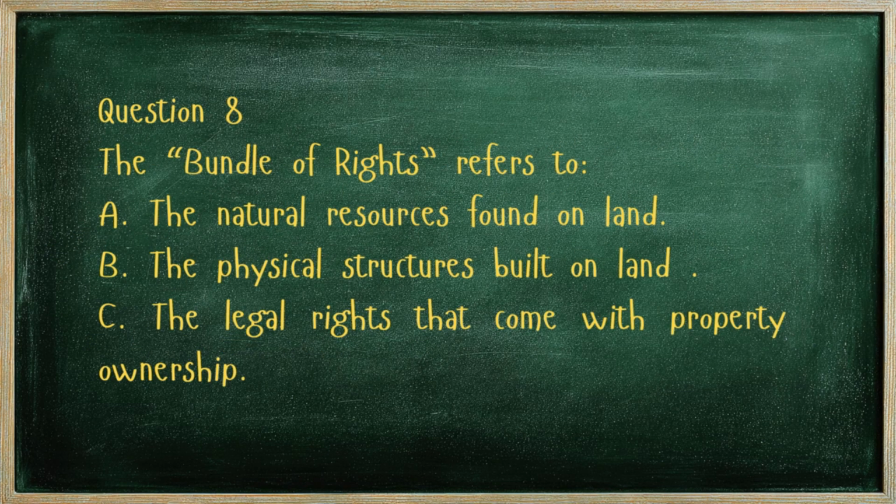Question number 8. The bundle of rights refers to A, the natural resources found on land. B, the physical structures built on land. C, the legal rights that come with property ownership. The answer is C, the legal rights that come with property ownership.